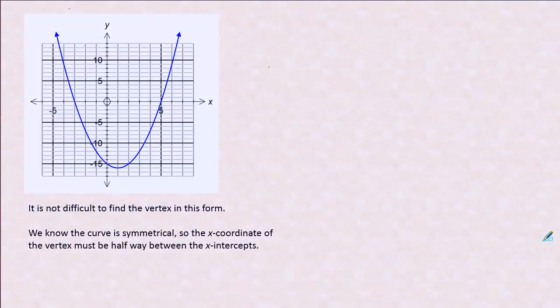So we have x-intercepts here and here, so the turning point will be on the line of symmetry, and that's going to be halfway in between these 2 points. So in this example, if we average out negative 3 and 5, we get 1, and we can see that this is x equals 1 here.